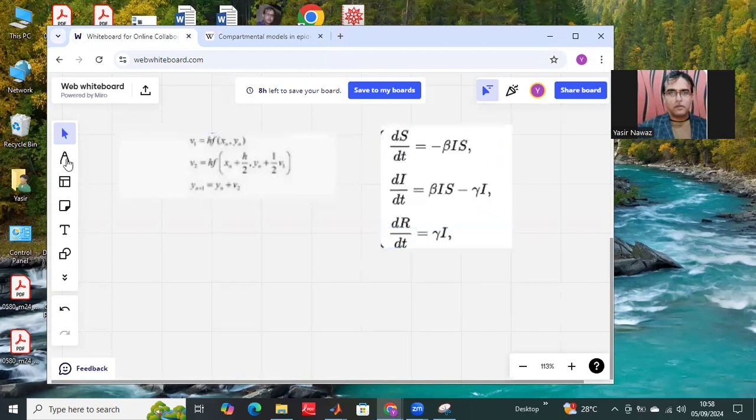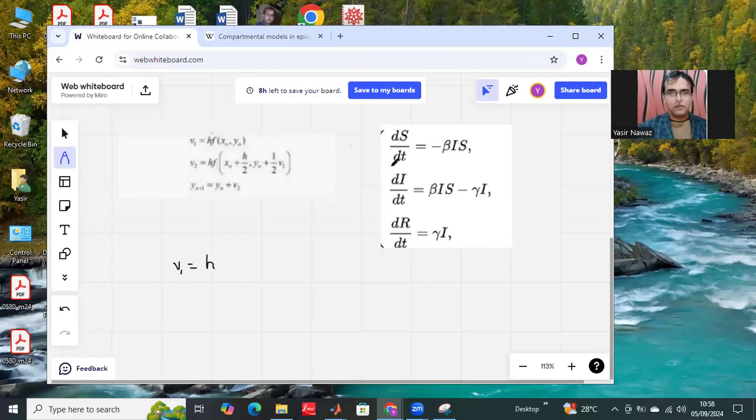Look at the first component. Here in the formula, it says V1. It can be any V1, U1, any P1. So I use V1 for the first equation in Runge-Kutta and for the first equation in the SIR model. H is the step length; it can be delta T or it can be H. Then it says F of x, y.